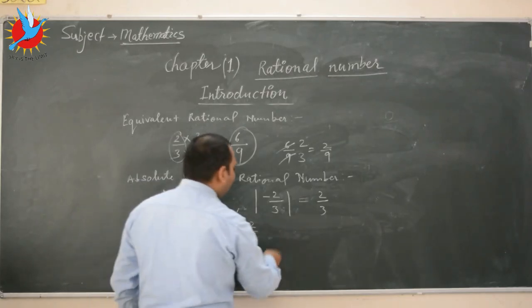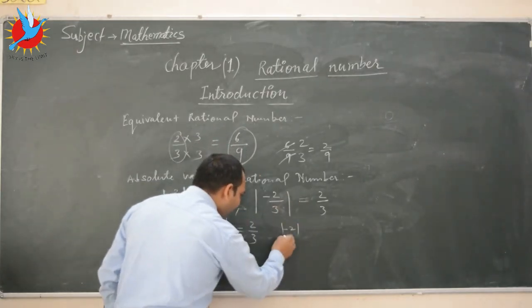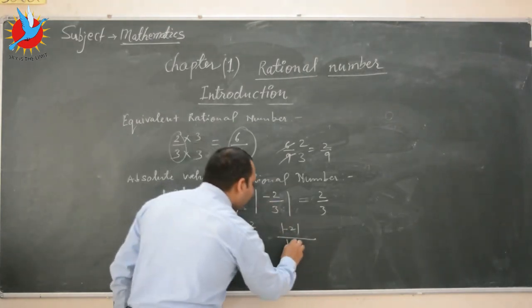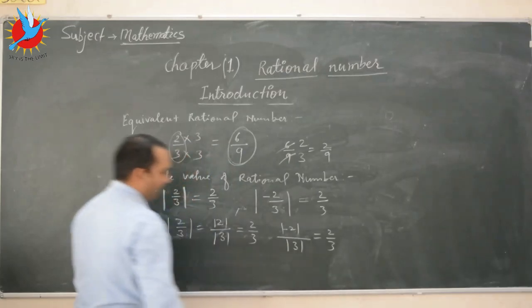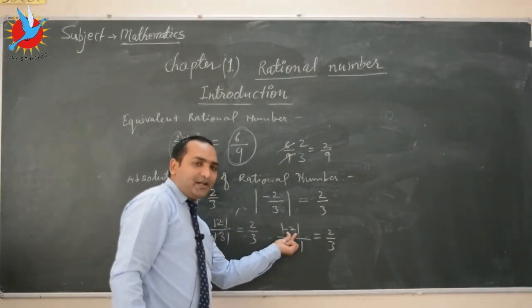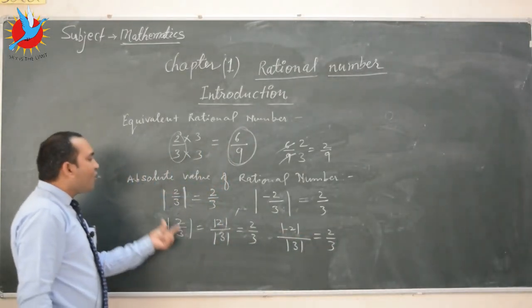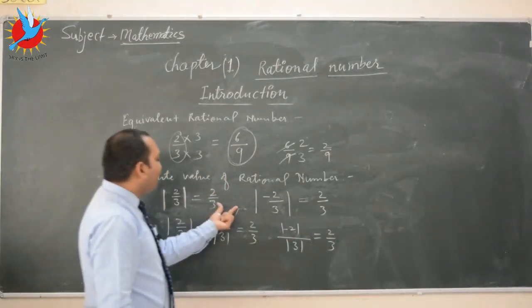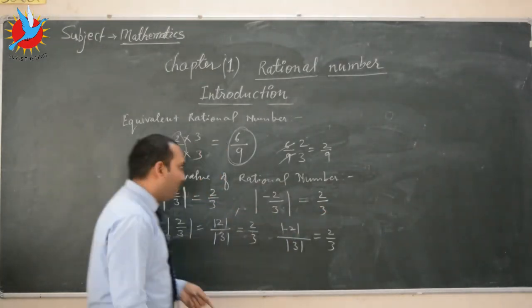And similarly here, minus 2, this is absolute value of minus 2 upon absolute value of 3, which is equal to 2 upon 3, because the absolute value of any negative integer is always positive. So the absolute value of any rational number is always a positive rational number.